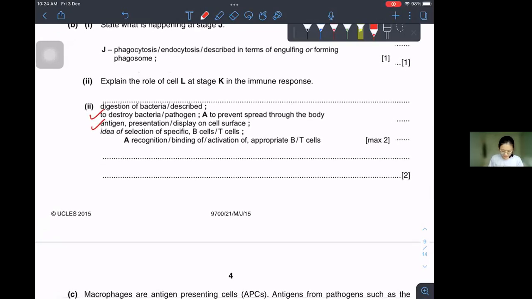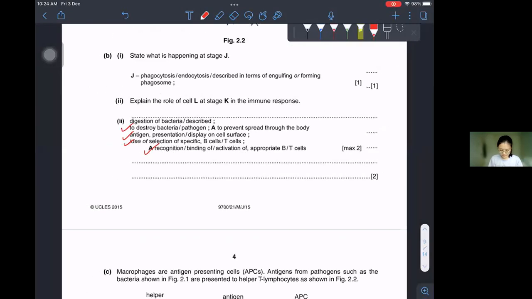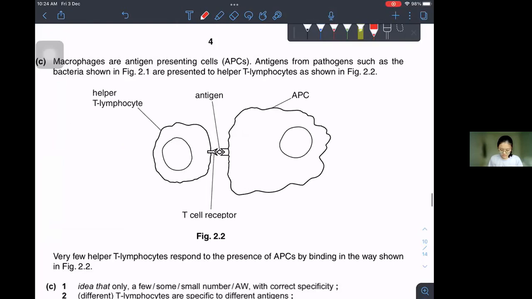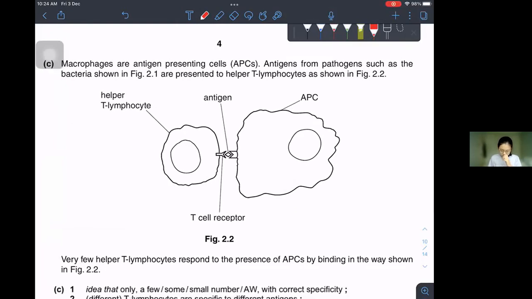And you can say the specific B cell and T cell undergo clonal selection, and you can also say recognition and binding of the appropriate B cell or T cell. So macrophages are antigen presenting cells, APCs.